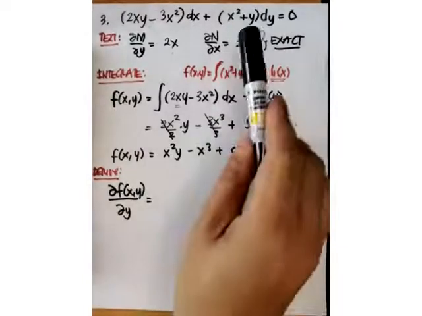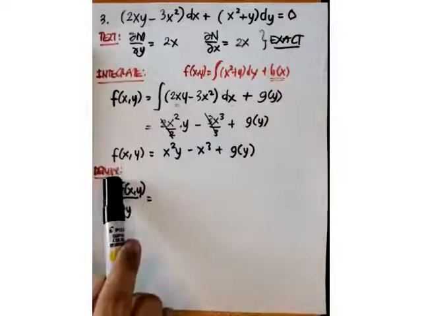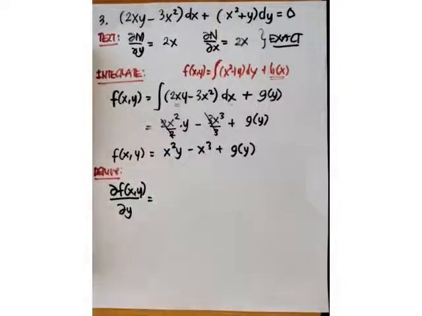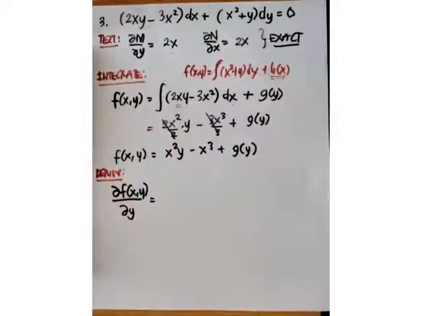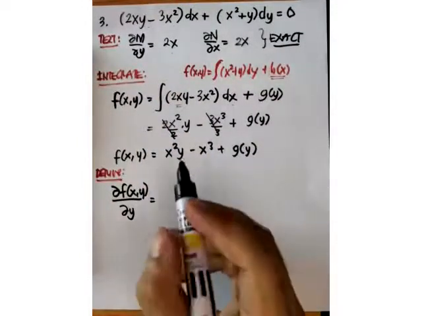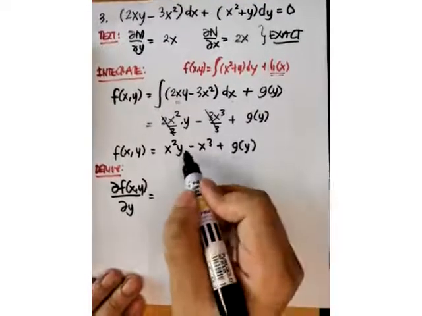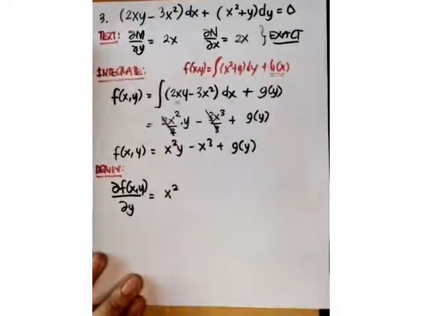Okay, kung pinili kong in-integrate is ito, na in terms of dy, sa step na to, yung sa x ko naman siya i-derive. Since sa dx ko siya in-integrate, i-derive ko yan siya sa dy. Okay, so i-derive natin siya sa y. So that means x will be acting as constant. So derivative nito ay x squared.